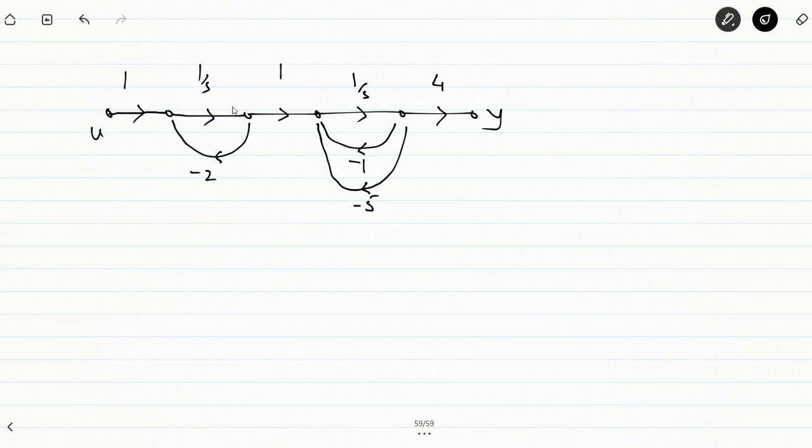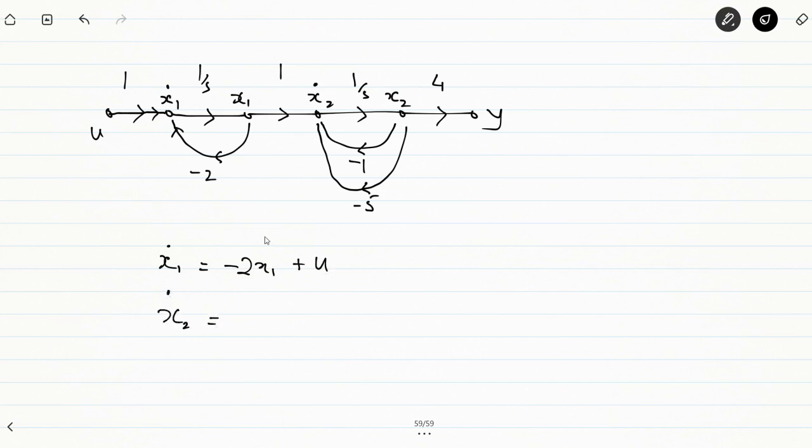Now you can represent this as x1, such that this becomes x1 dot, and you can represent this as x2 such that this becomes x2 dot. And in this case x1 dot can simply be written as the summation of the gains of these two branches, that is minus 2 times x1 plus 1 times u.